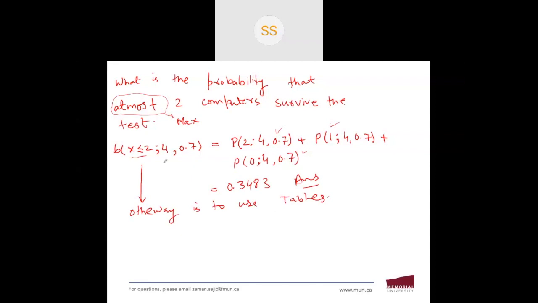Now if you look at this binomial distribution here, this is the same as finding the value of F of 2, which is the cumulative distribution function, CDF. And how do we do that? I will just show you the tables now.